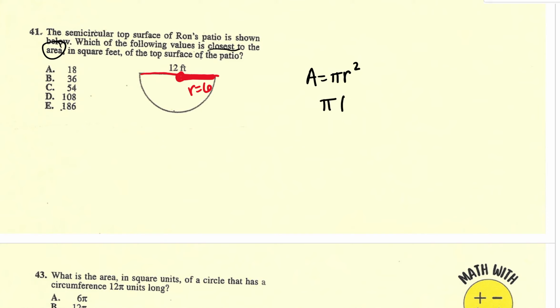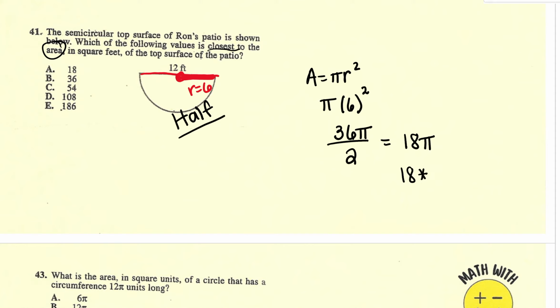So pi times 6 squared is 36 pi, but this is just half of a circle. So divide that by 2 and get 18 pi. Now, if you'll notice, they gave this as a decimal, so therefore I need to go to my calculator and say 18 times the pi button, or I can say 18 times 3.14 and get 56.5. So it's a decimal, where C is the closest to that.